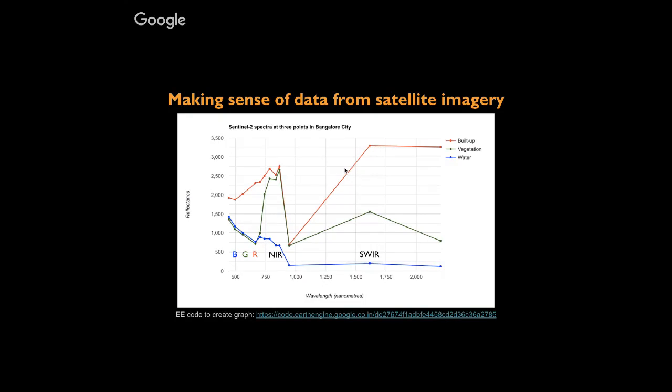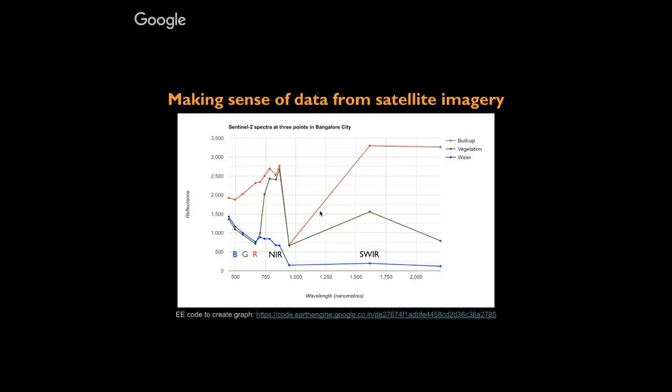Before we move ahead, it's useful to quickly remind ourselves about some remote sensing fundamentals. Differing land cover categories like water, vegetation, or built-up areas all have very different spectral reflectance patterns. What do I mean by that? In other words, they absorb and reflect very different kinds of light in the visible and non-visible parts of the spectrum.